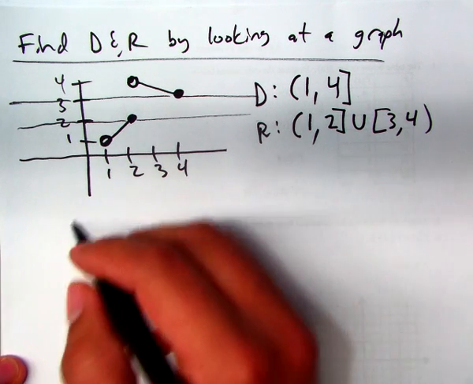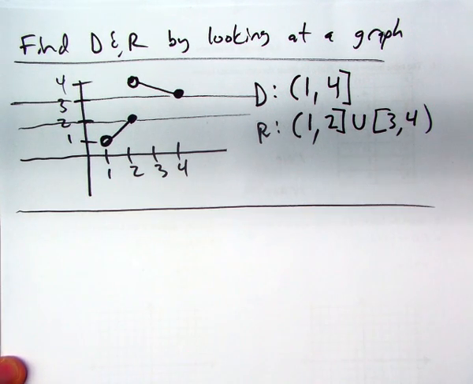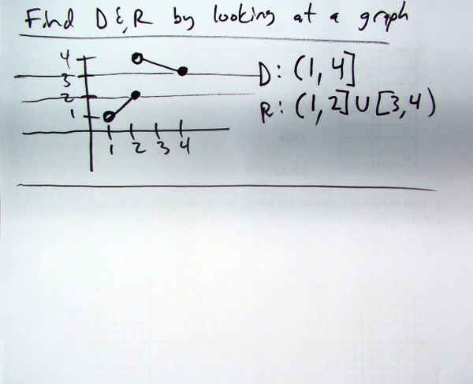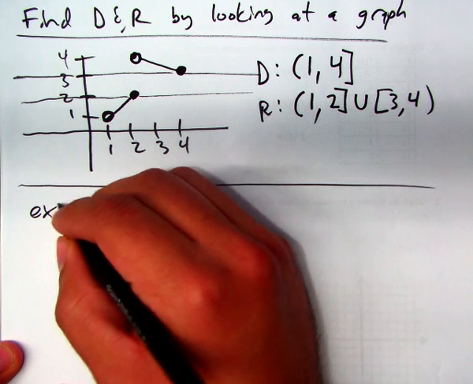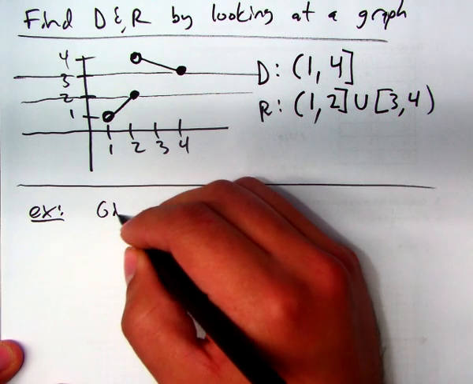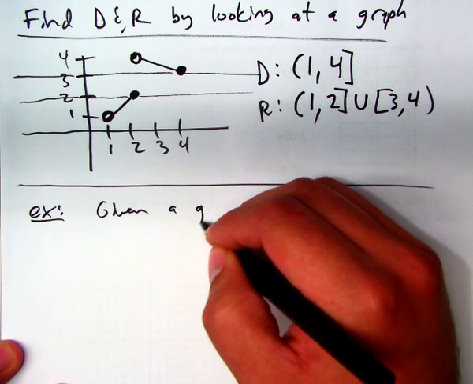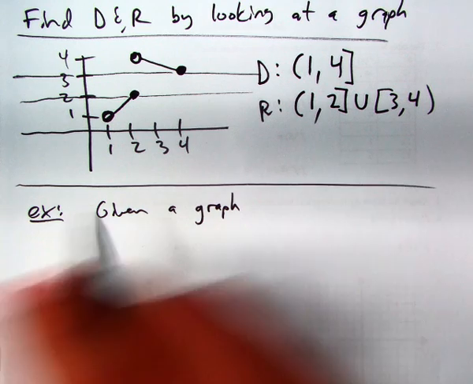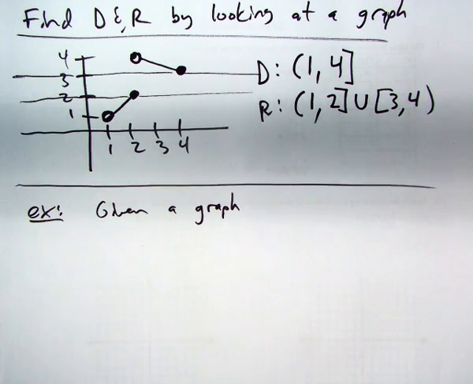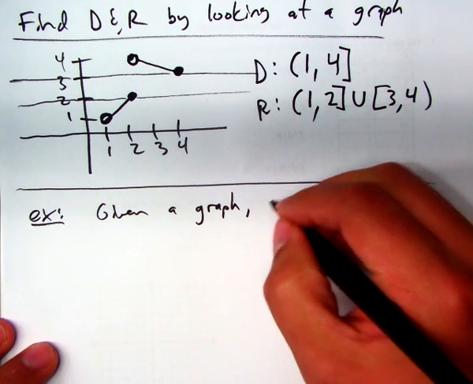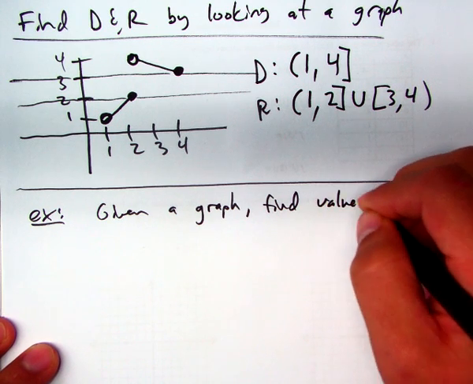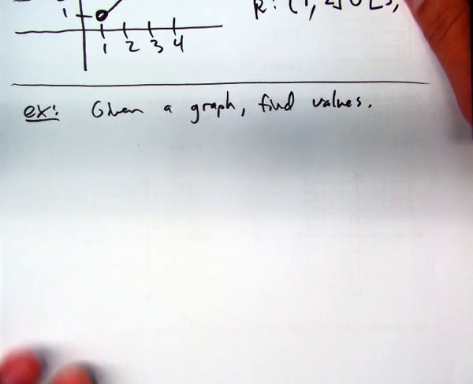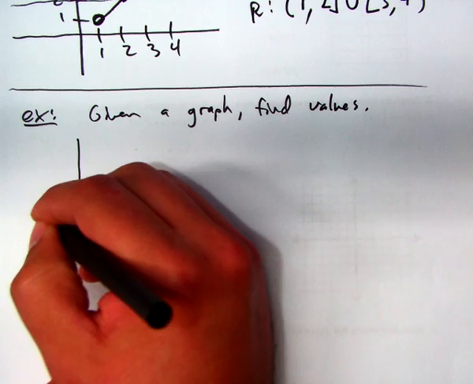All right. That's just an example of finding domain and range by looking at a graph. If I give you a graph, you should be able to find values. So, for example, we'll keep things very easy.